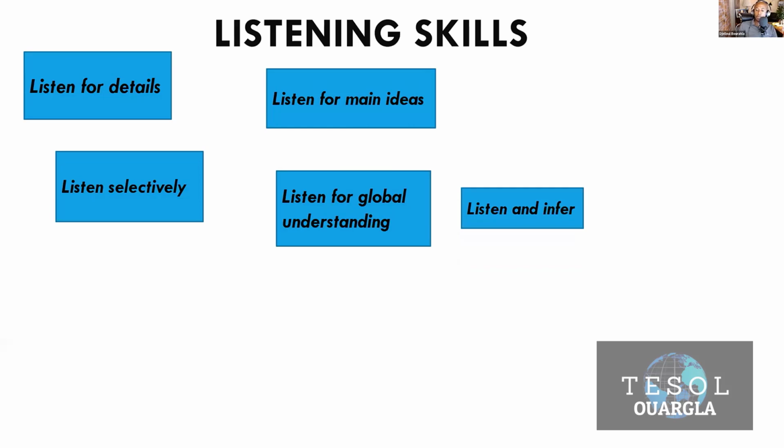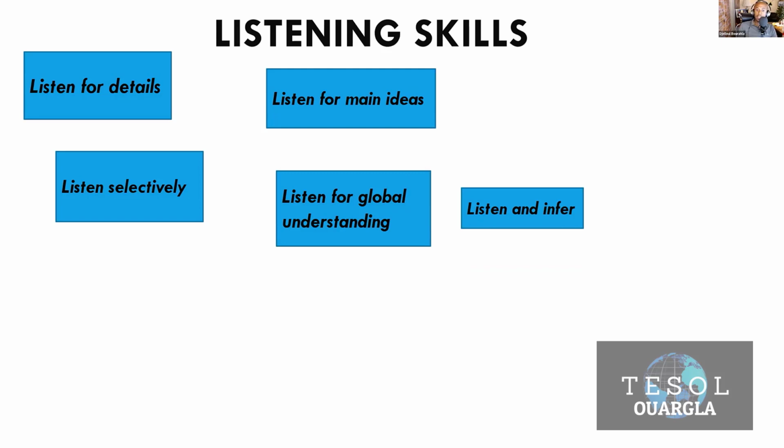When we listen for main ideas, we try to understand the key points, such as directions, for example, for doing something, or important events in a story. This is what we have done at the beginning when I was narrating the story for you. There are many different ideas there.